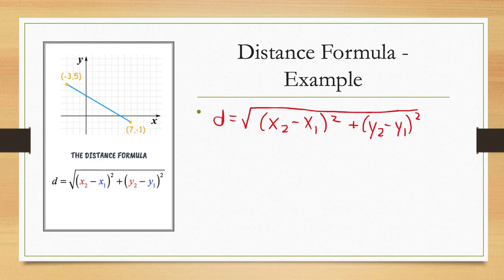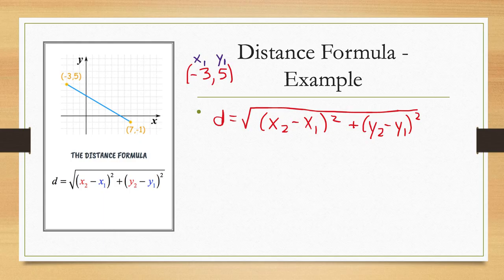So let's take a look at our 2 points. One of our points, and it doesn't really matter which one I start with, is the point (-3, 5). I'm going to designate this as my first point, and we know that all points have an x and a y, so I'm going to label this -3 as x1 and this 5 as y1.